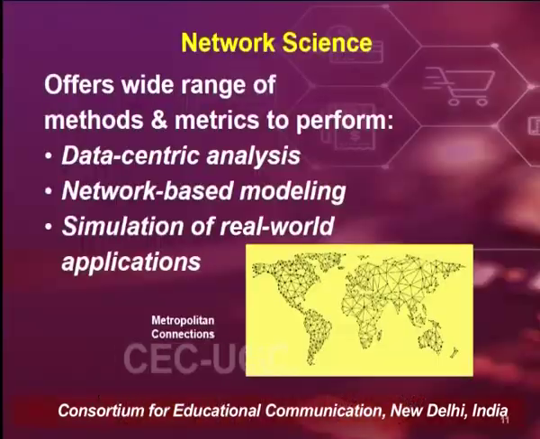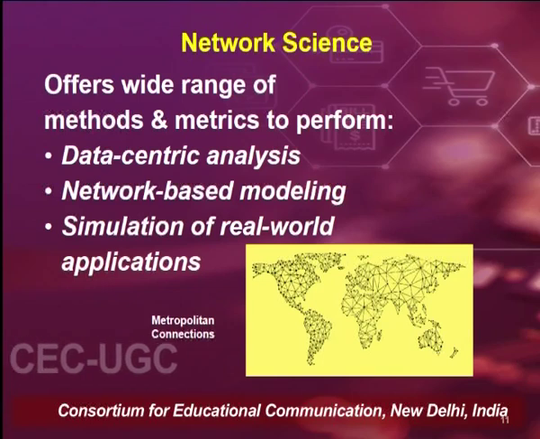We can also use technology like generative AI to generate synthetic data in a manner such that its distribution remains the same as the original data. This helps to address our scarcity of data problem. So these are different things that we can do with data and network science.